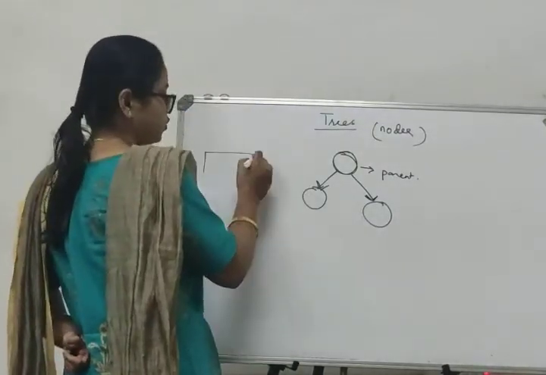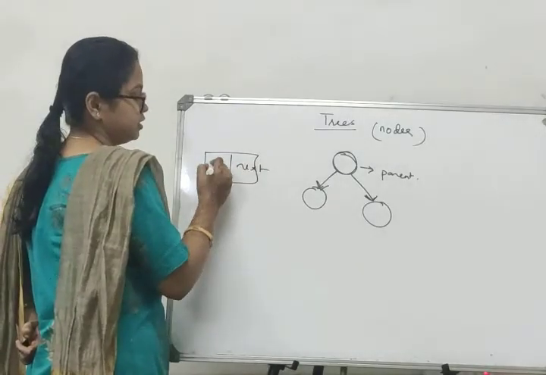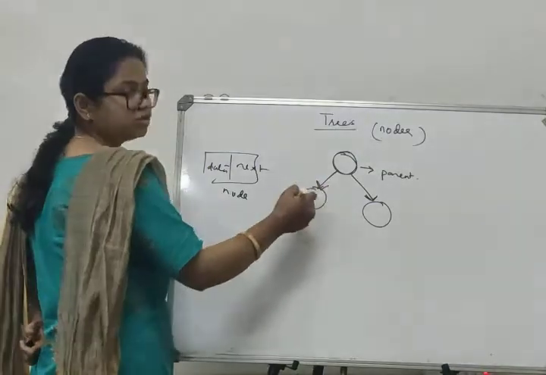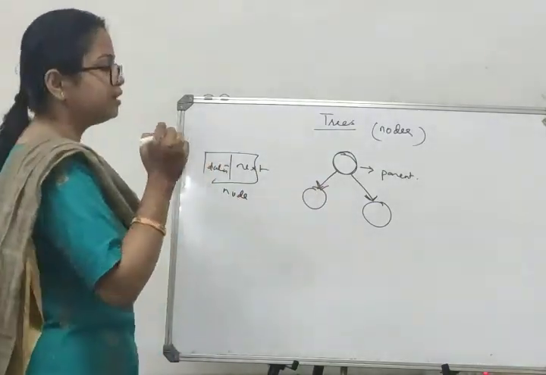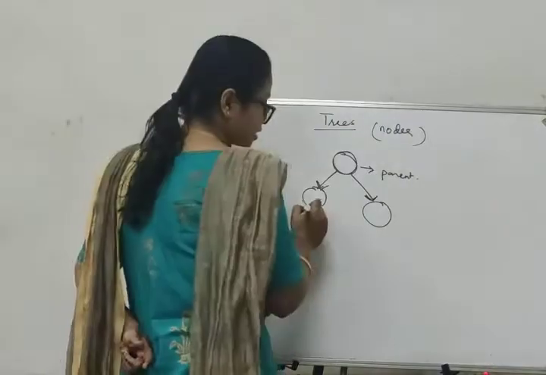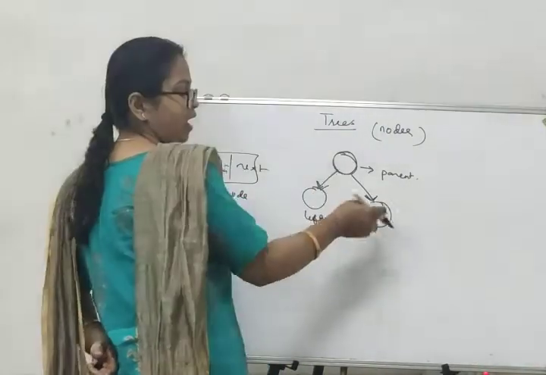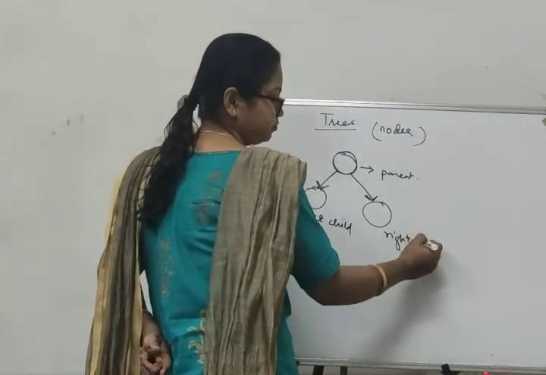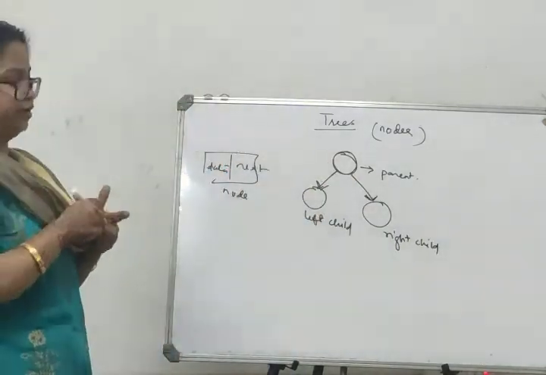We know the structure of a node: this is next, this is data. So these round structures are nothing but nodes, I am just representing them to make it easier. This is the left child, and the right side connecting node is called the right child.